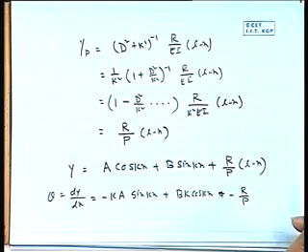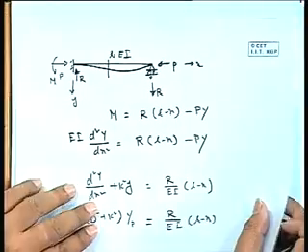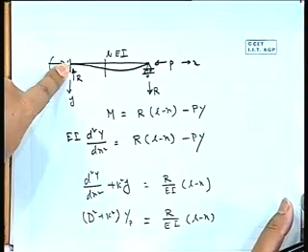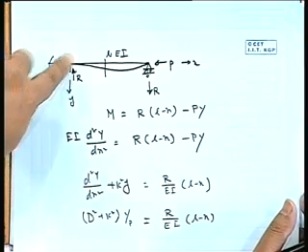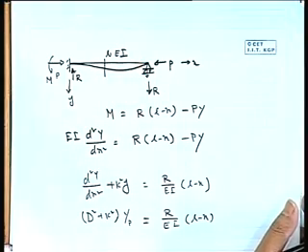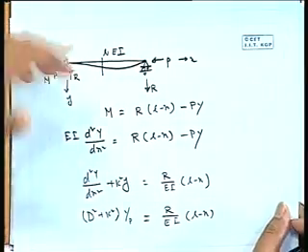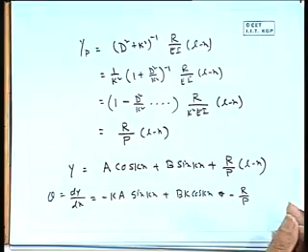Right. Now we have the problem. So at x equal to 0, y equal to 0 plus theta equal to 0. At other end, deflection equal to 0. So these boundary conditions we have to put.